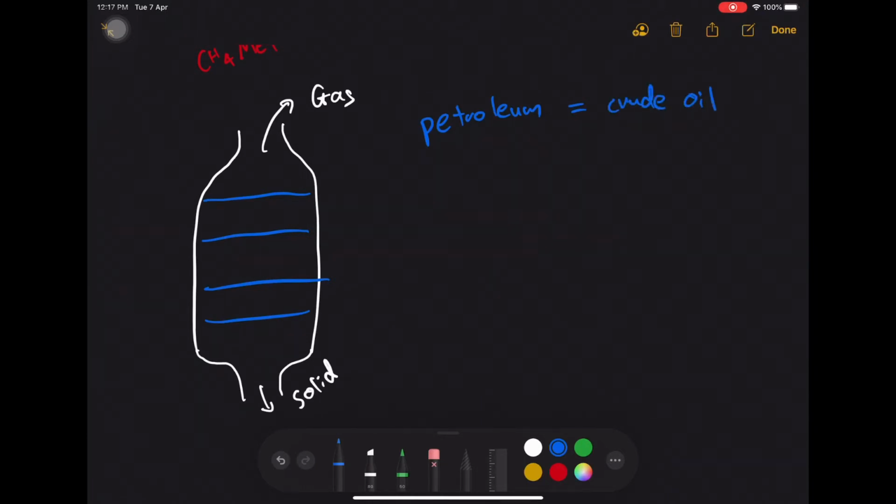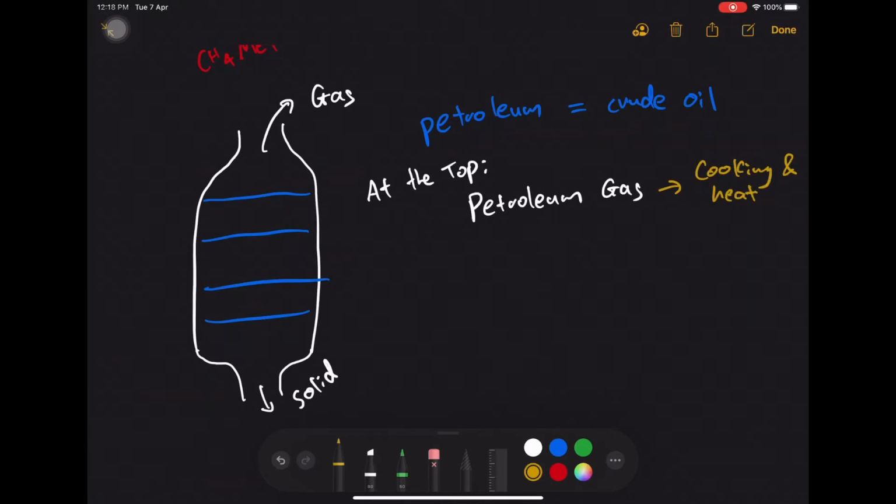So at the top we have our petroleum gas, and this petroleum gas is used for cooking and heating. So I'm gonna write it down: for cooking and heating.